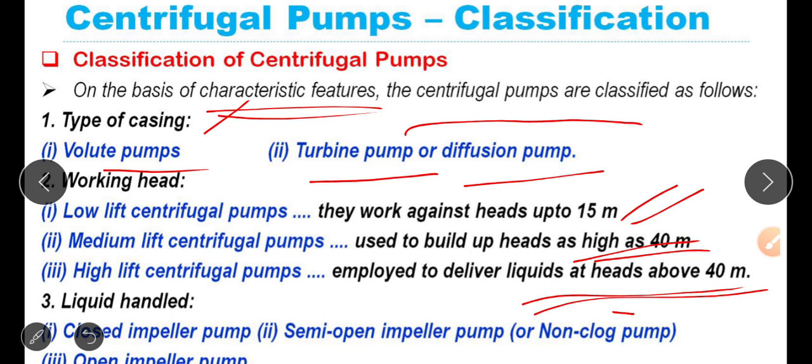If you read once or twice, definitely you can remember. The question may be asked in this way: give the detailed classification of centrifugal pump. Then you are required to write on all the bases. No explanation is required. Just as I am teaching you, you have to write.